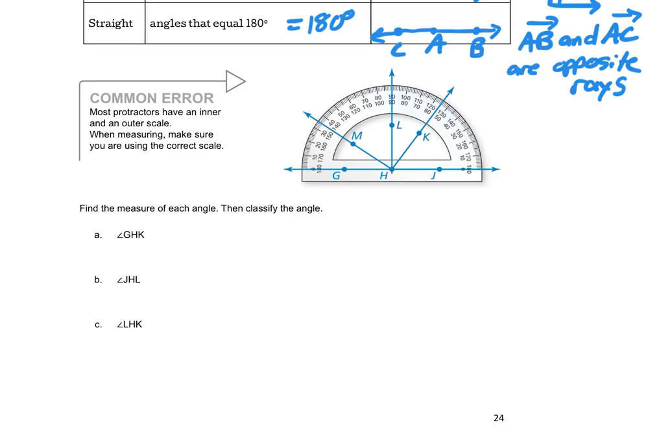If it was an obtuse angle, we would be talking about the angle that's between 120 and 130. So if I did GHK, going from GH all the way over to K, that would be the angle that is 125.